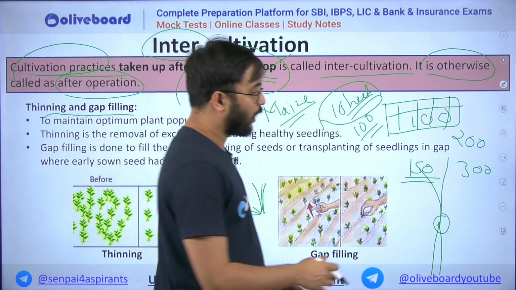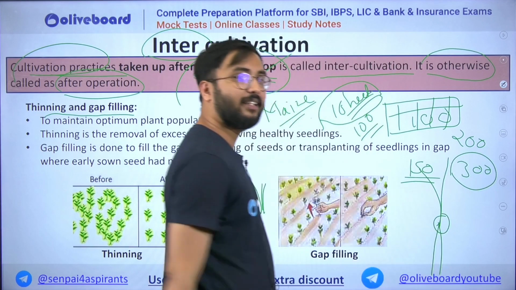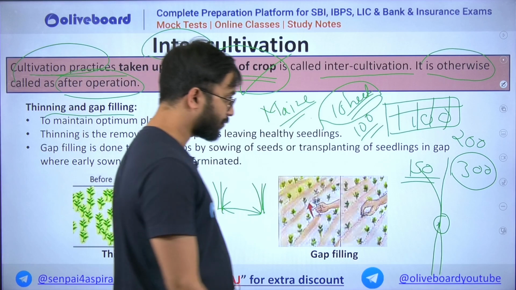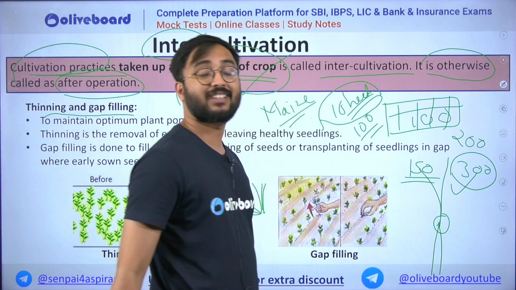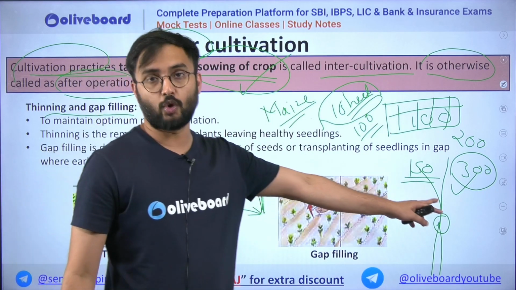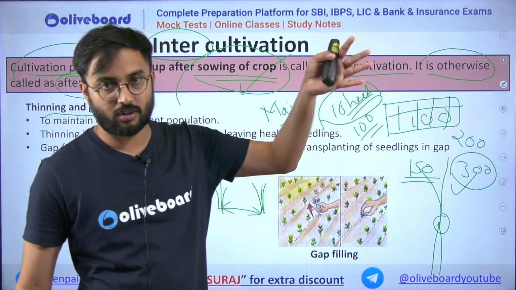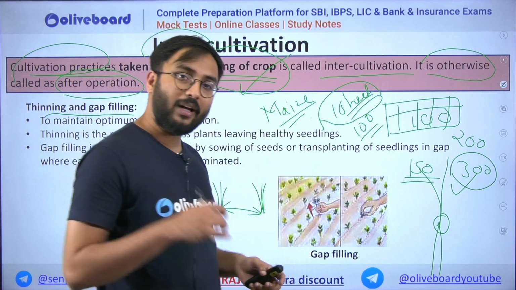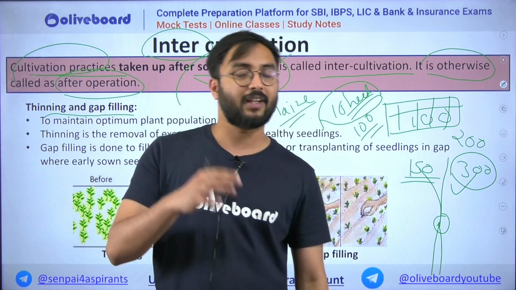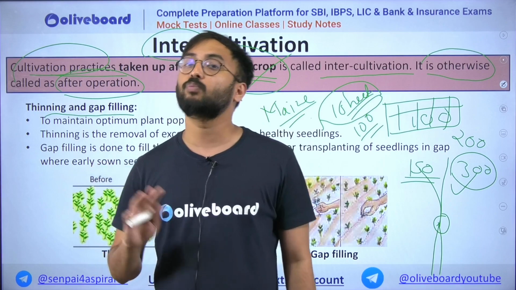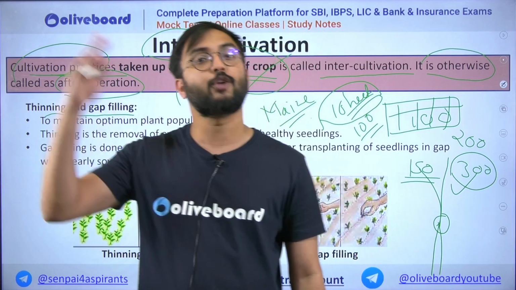So therefore, you will realize that when you go on increasing your number of crops, the total output of the crops planted in your field will be reduced. So when you increase the number of crops from 300 and 400 to maybe 500 or 600, you will see that your output doesn't increase from 120 to 150.